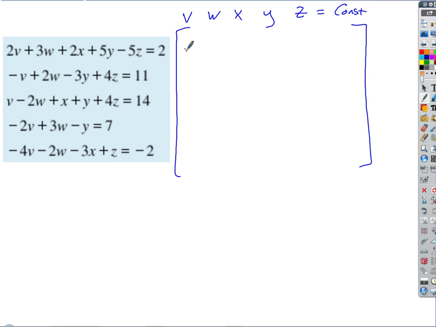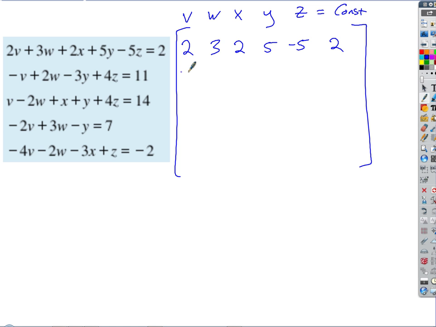So the first row then looks like 2V plus 3W plus 2X plus 5Y minus 5Z equals 2.